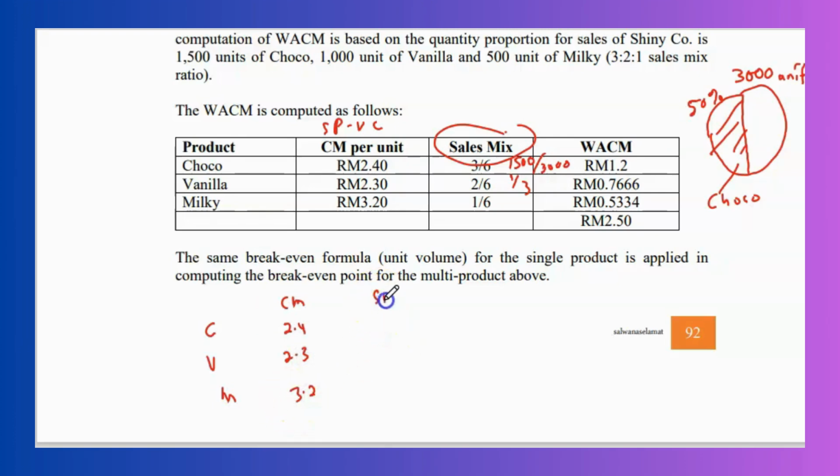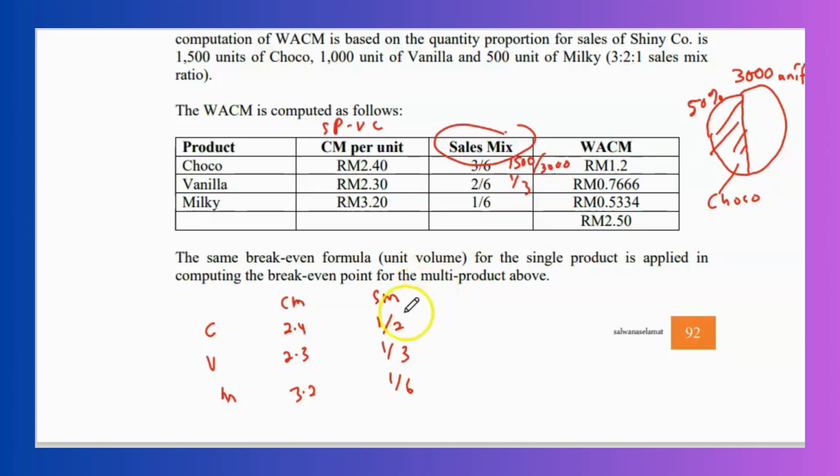So the sales mix here is 1/2, 1/3, and then 1/6. I think they give it over 6 because at the end of the day you want to get 6/6, 100%.